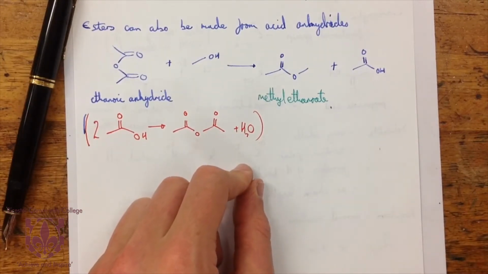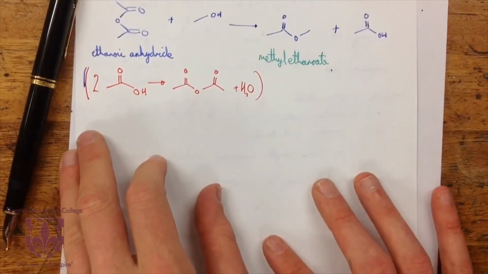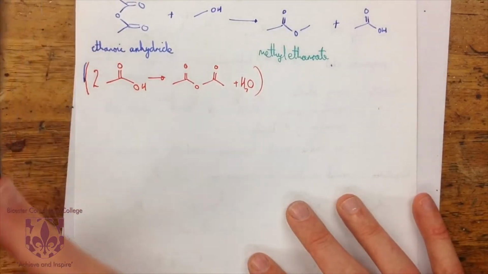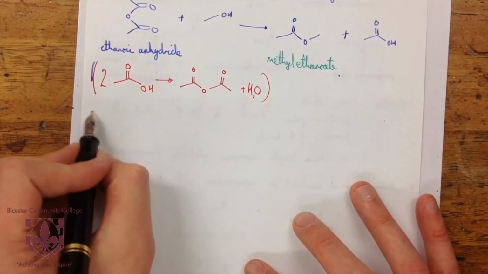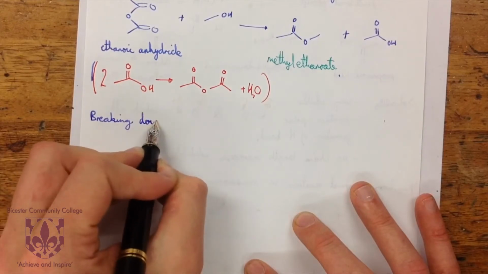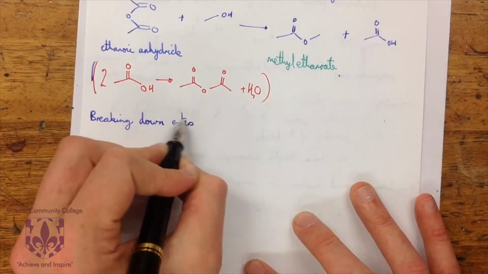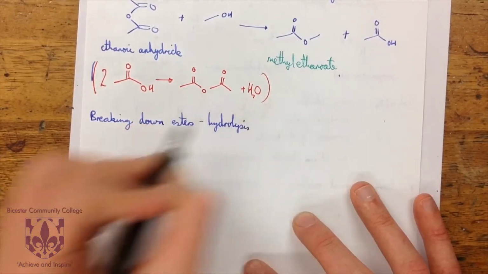So, one of the things we can do is we can split up esters. And this is in a process, so I'm going to put down breaking down esters. And we can do this through hydrolysis.